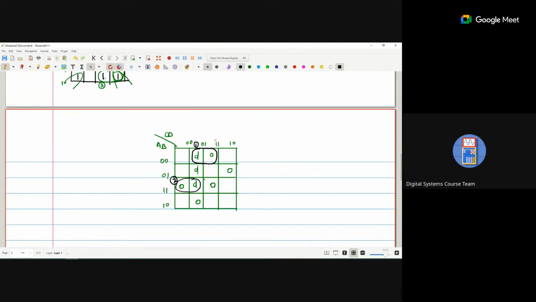This zero is alone, so I consider this D or this D to create a group. Third, this D is alone. Either I can consider this D, which creates a group of two, or if I consider all the Ds, this one, that creates a group of four. So I'm using this. And the last term, no group is created, so this is the group term.